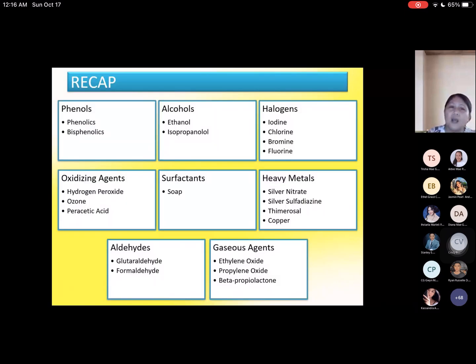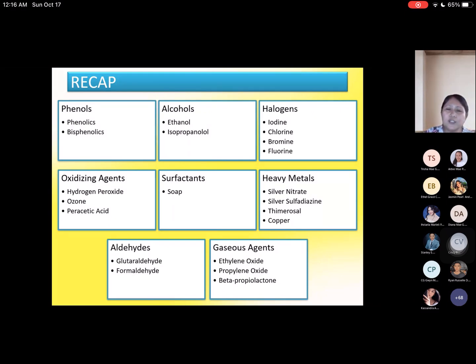So this is now the recap of the chemical agents, the summary. For the phenols, we have the phenolics and bisphenolics. For the alcohols, we have ethanol and isopropanol or isopropyl. For the halogens, we have iodine, chlorine, bromine, and fluorine. For the oxidizing agents, we have hydrogen peroxide, ozone, and peracetic acid.